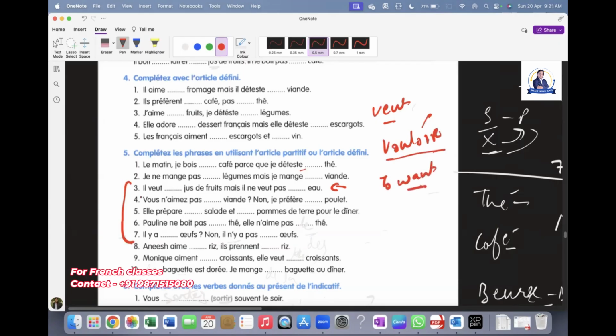So he wants fruit juice, but he does not want water. So il is the subject and then the verb. Now what will we put here? Sir, du.